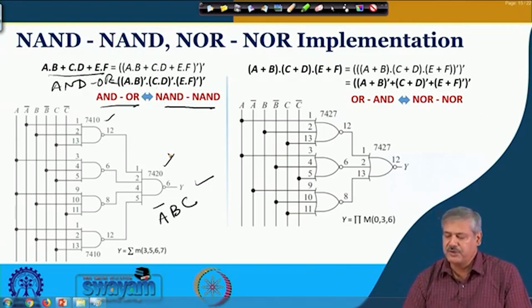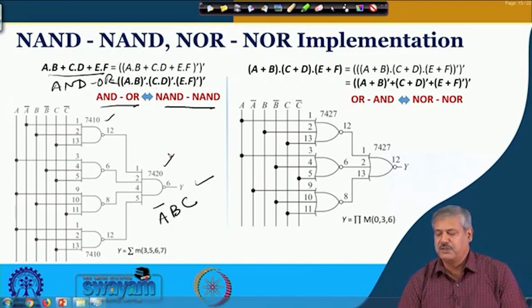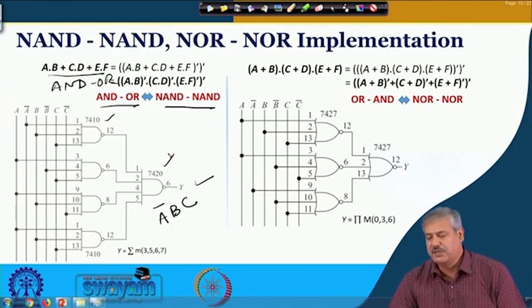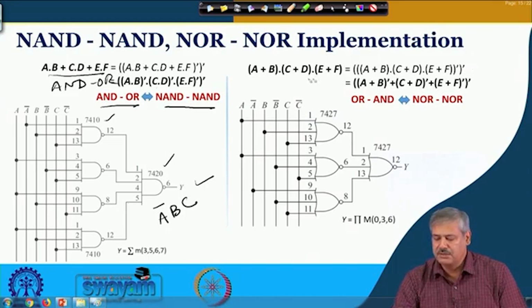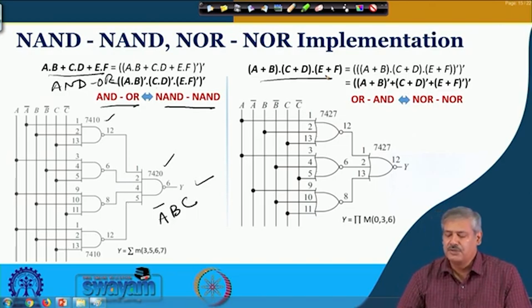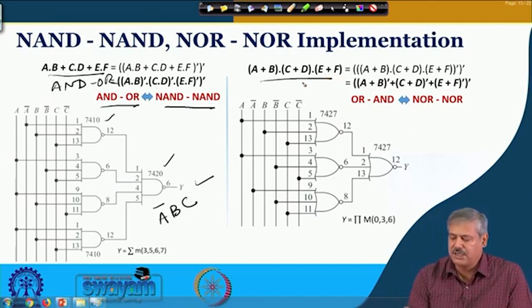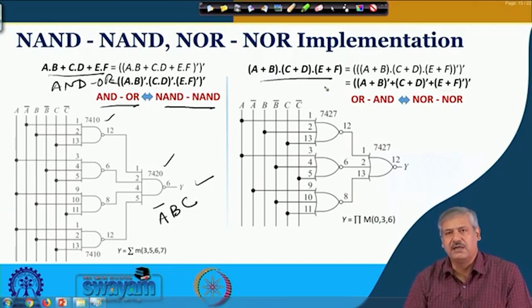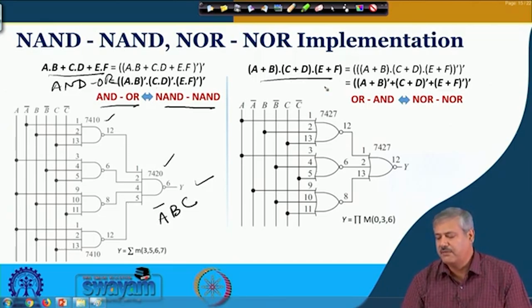The same thing goes for POS representation using NOR gates, and in this case again similarly the original expression, A B plus C D plus E F, any such example you can take up. So, these are OR gates, OR banks in the beginning, which are ANDed in the final second level.